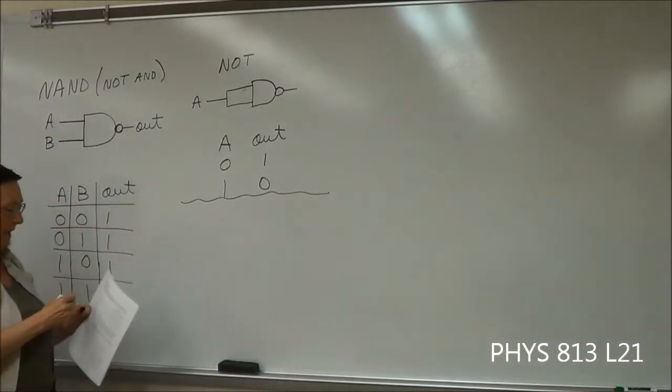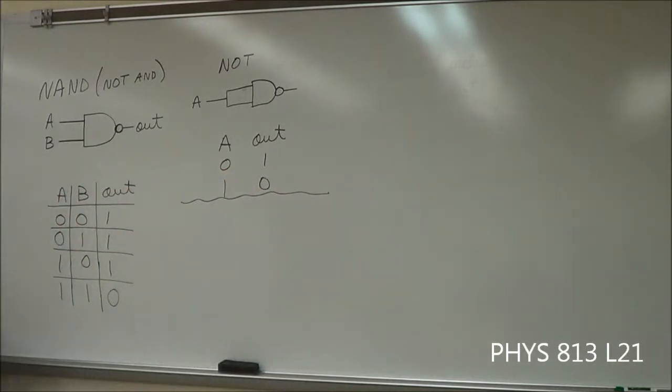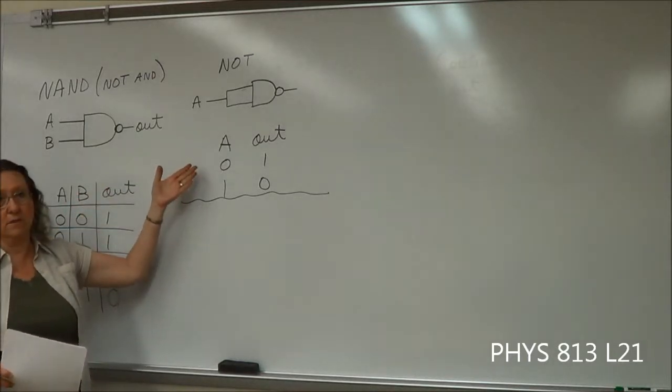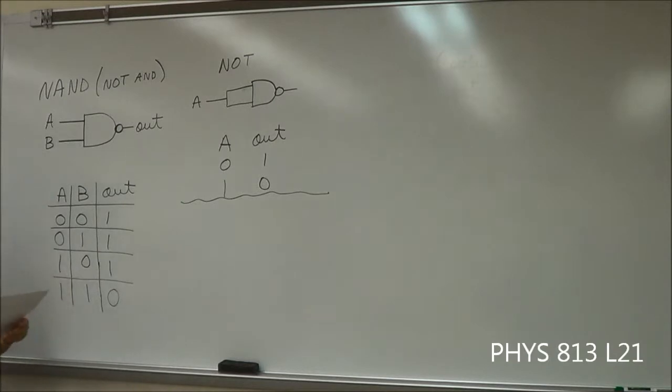Now, if you look back at the NOT table when we talked about it originally, you'll find that this is exactly what we had. So what we're doing is going through and showing you how you can get these other gates by using a combination of NAND gates. Now, I will never ask you, well, I guess if I ask you to write these like on a test or on something, you have this information available.